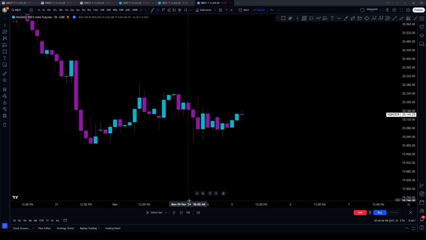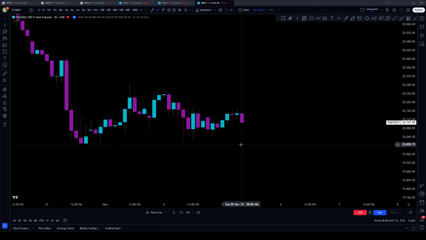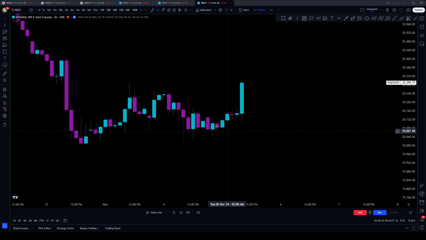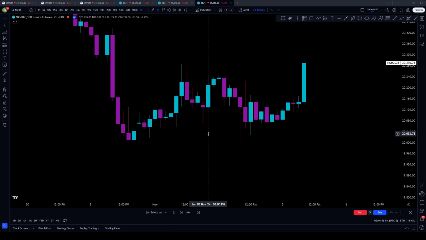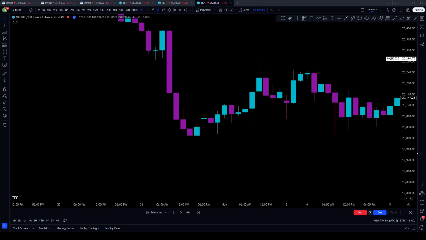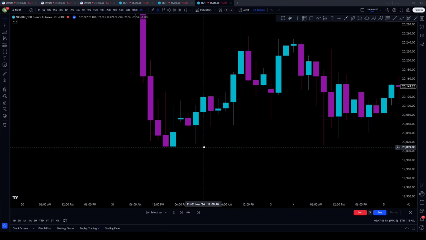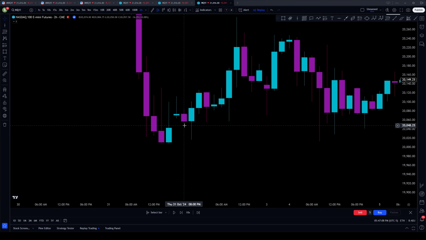So what we need to do is right before U.S. session, here's 8 a.m. I don't want to click it one more time because then it'll be 10. What we need to do is find our lower high and our higher low right as the expansion started. So this is the candle right here.